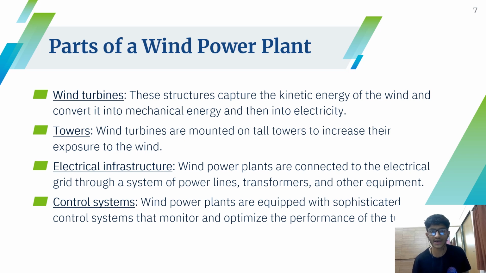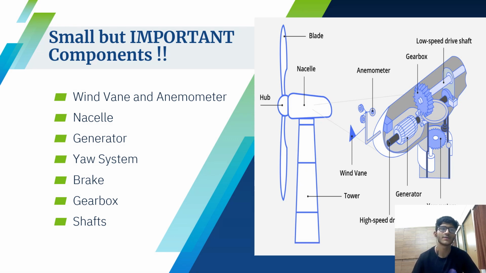Wind power plants are equipped with sophisticated control systems that monitor and optimize the performance of the turbines. These systems can adjust the pitch of the blades, the orientation of the turbine, and other parameters to maximize energy production.